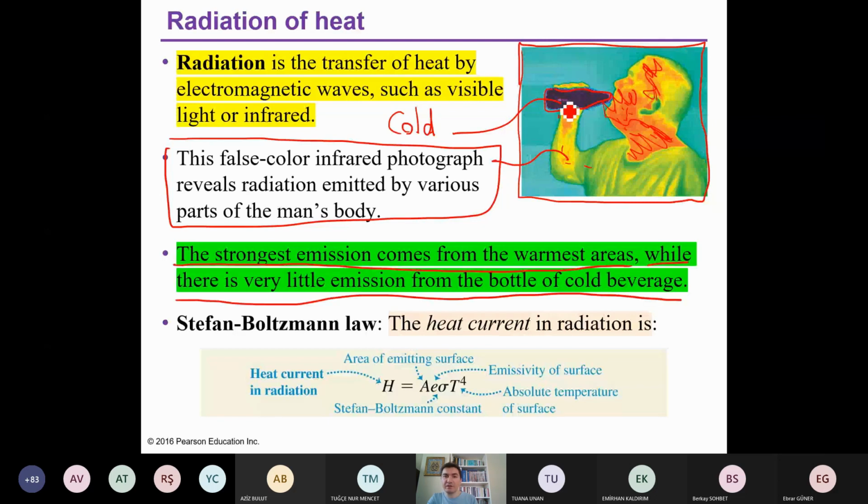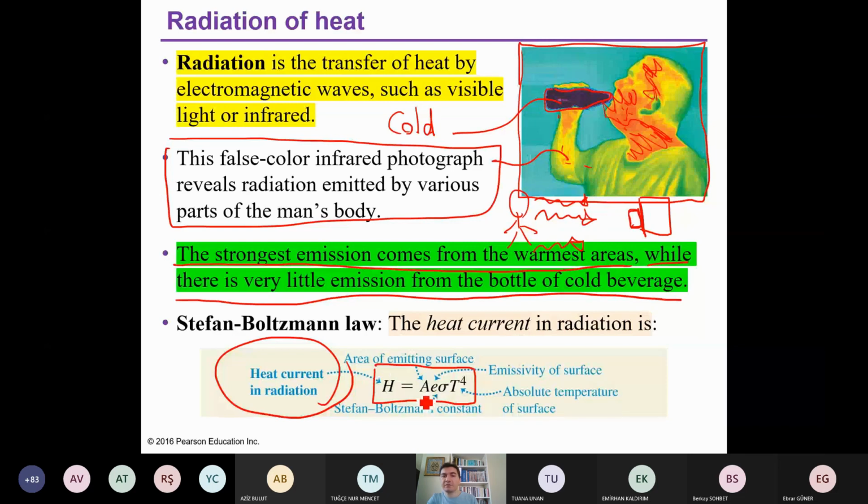Let's say there is a guy here, and here there is an infrared camera, and heat comes from this guy to this camera, and from different parts of the guy. So different heat comes to the active area of the camera. Then this heat current in radiation is given with this expression.